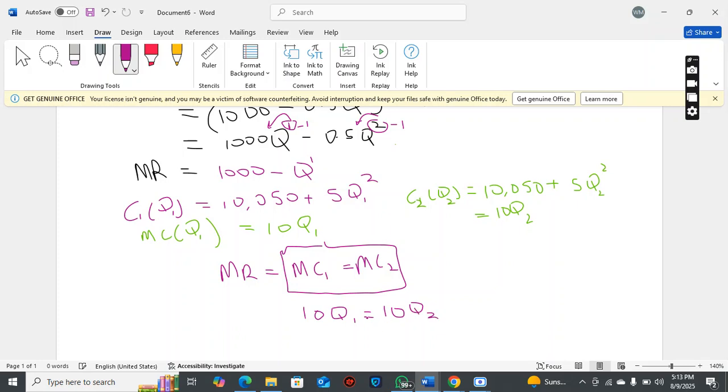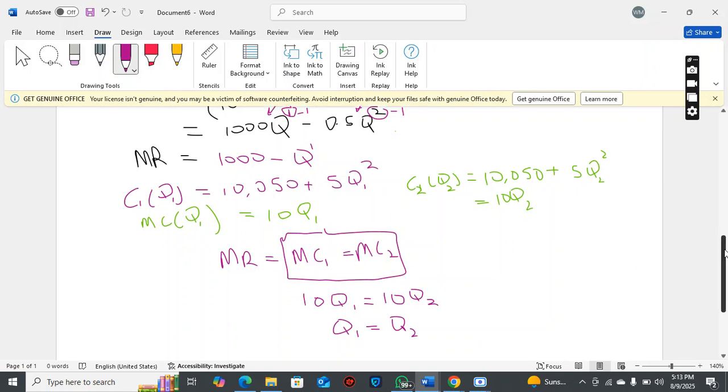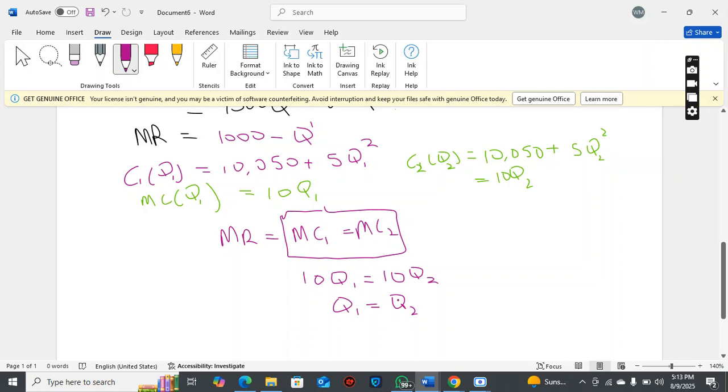If we get rid of these 10s, it's the same as Q1 equals Q2. We want to make Q in the form of either Q1 or Q2 so that we can first find the value of Q. So when we equate the marginal costs, we see that Q1 equals Q2.